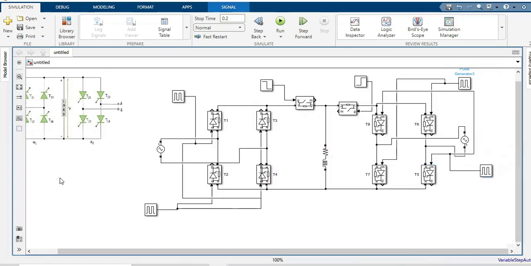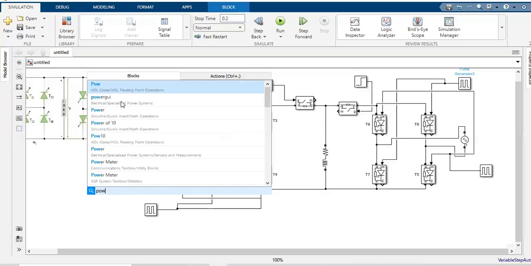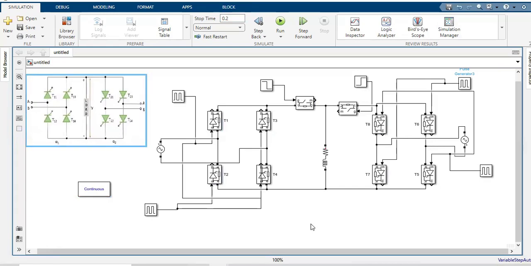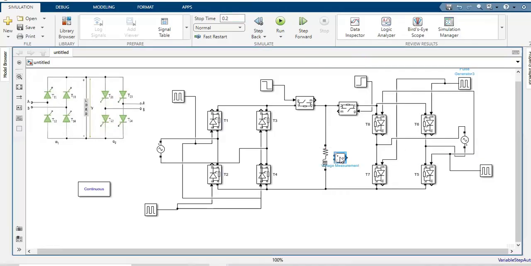by giving the powergui. And we need to see the waveforms of the load voltage and current. So let us have a voltage measurement and current measurement.